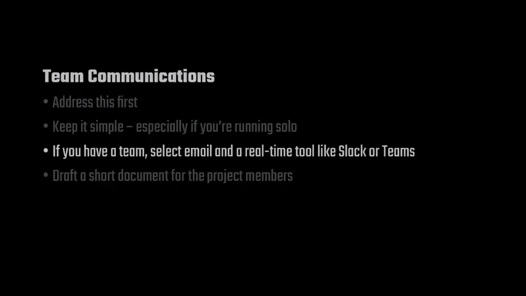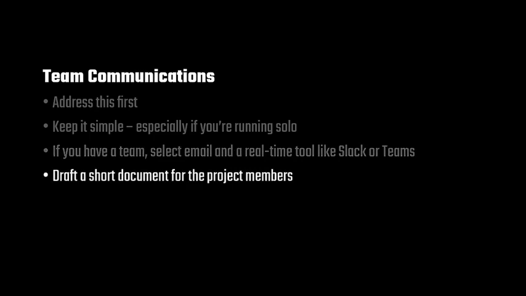A good practice here is to pick the communication tool or tools and draft a short document or email with guidelines for use for those tools, and create a distribution list, or DL, that includes all of the project members and their contact info, access to the tools, a short FAQ on use, and so on.